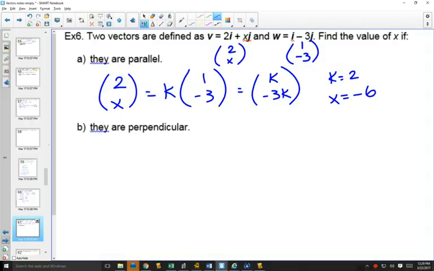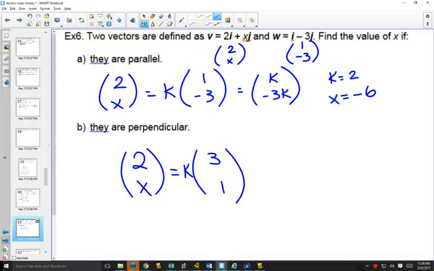If they're perpendicular, then 2 over x would equal the flip and negative of the other one, with some value of k in front.